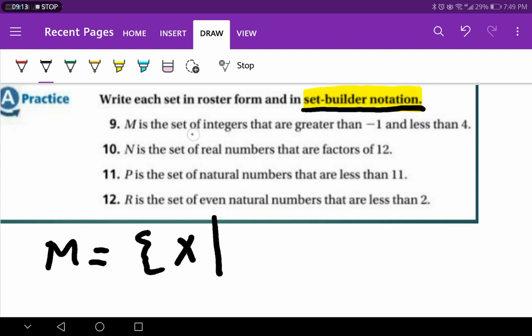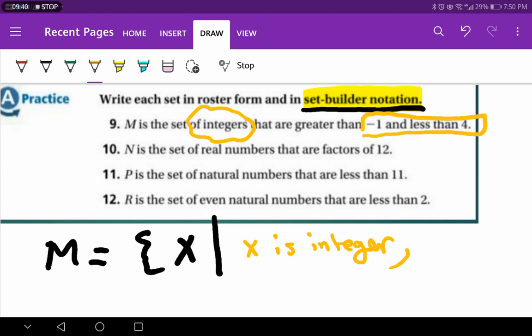Then write the kind or the type or the group or the set of numbers, which is integers. x is an integer, and comma, and then write the inequality, which is x greater than negative 1 and less than 4.